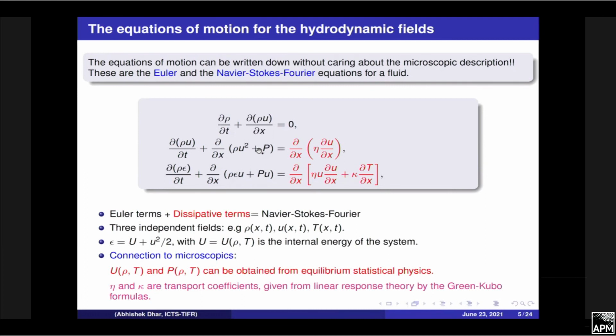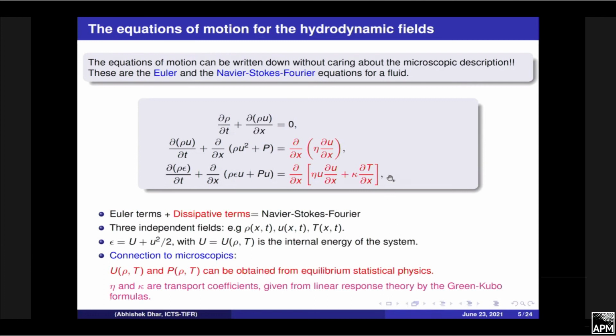Now in this equation, the fields of interest are density, velocity, and energy, and on top of that I have a pressure term. And what I know is that the pressure is given by some equilibrium equation of state. So there are only three independent fields, and the other fields are known once I know the thermodynamics of the system. So there I need some information from microscopics in terms of equilibrium equations of state.